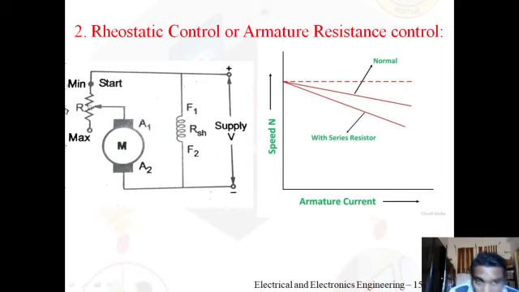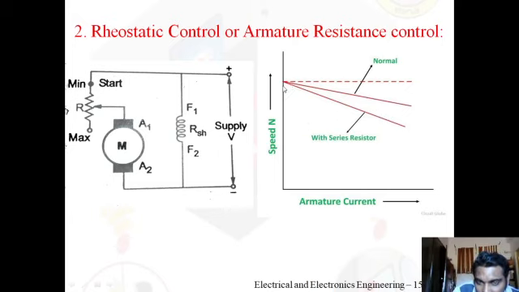I am talking about V minus IaRa, the voltage drop in the armature circuit. Earlier this difference was there because the IaRa drop was in the picture. Here, with the resistor, another drop will come into the picture. This gap is IaRa plus Ia R drop.